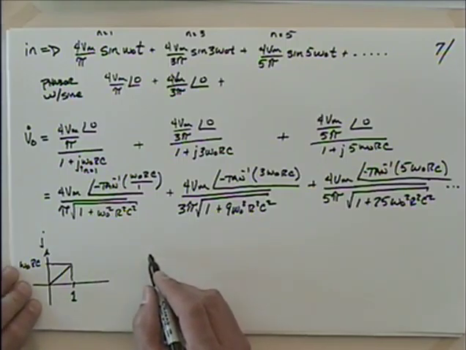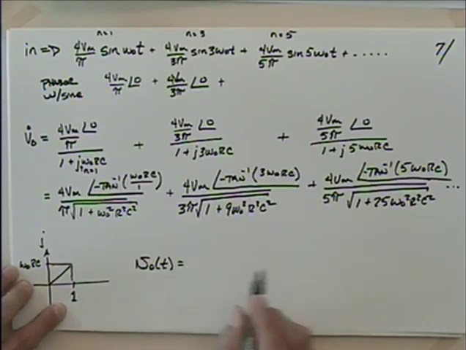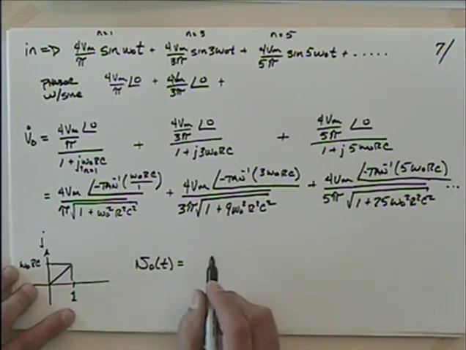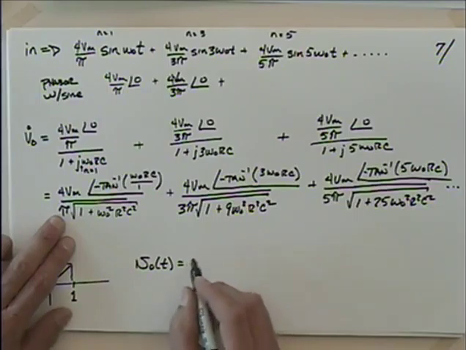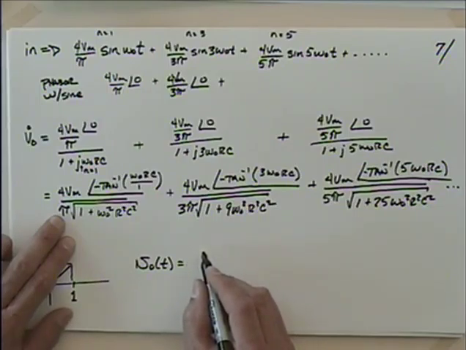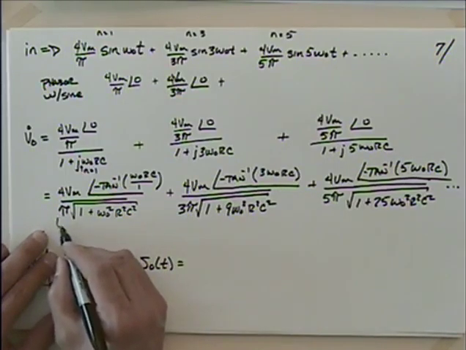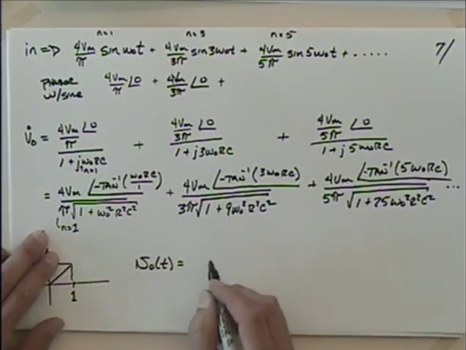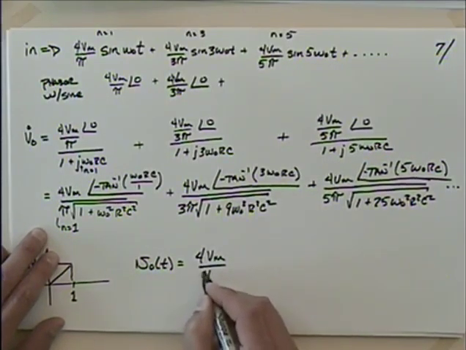But we should be able to say then V naught t, putting this back into a Fourier series, what's that going to look like? How could I write this with a summation sign? Well, it looks like I got 4 Vm over pi, right? Well, the n's got to go, you're right, n. I mean, n is equal to 1 here. So you're absolutely right, we have an n, but that's got to go inside the summation. So I'm going to have 4 Vm divided by pi.